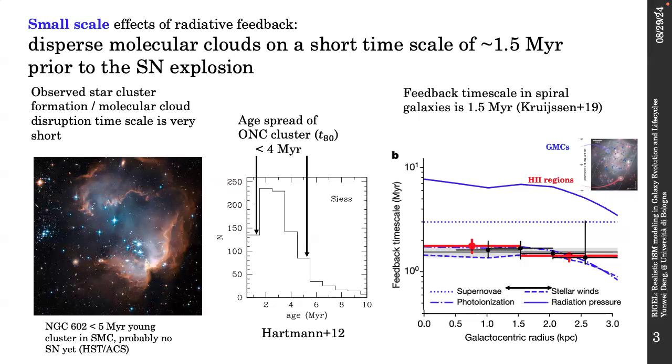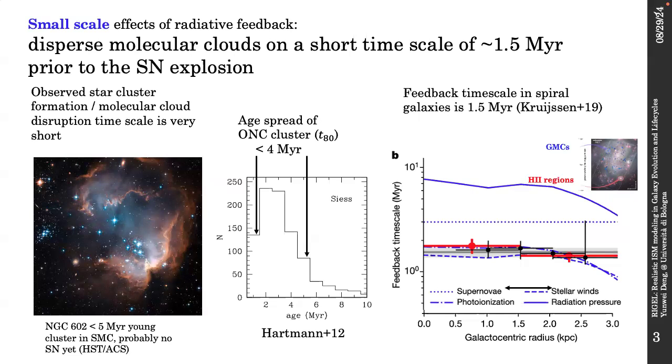So the radiation and the stellar wind feedback are the only solution. And it turns out that radiative feedback provides comparable or even more feedback budget than the supernova explosion. Consequently, the time scale for molecular clouds in star forming phase is very short, only several megayears. And if you count the age of stars in young clusters, you will find the age spread of the member stars is also very short, maybe less than 4 megayears, like the ONC cluster.